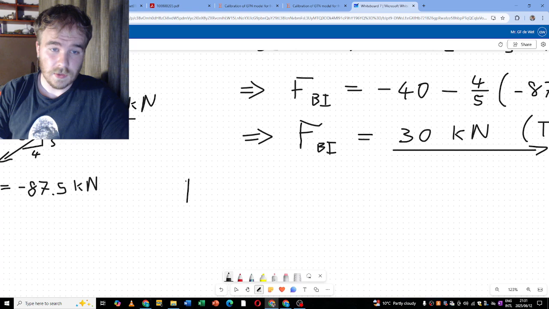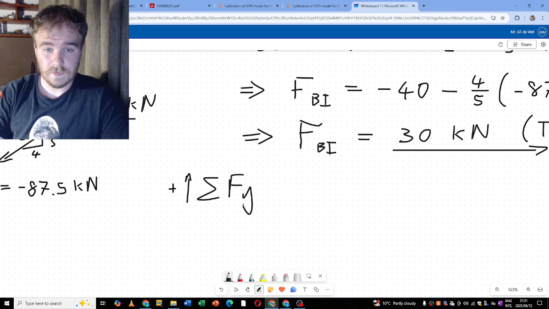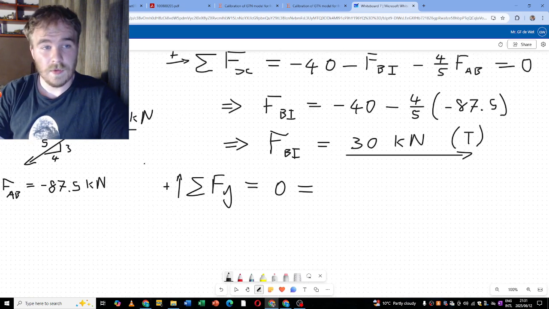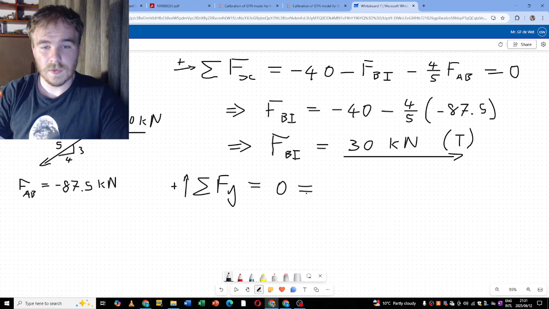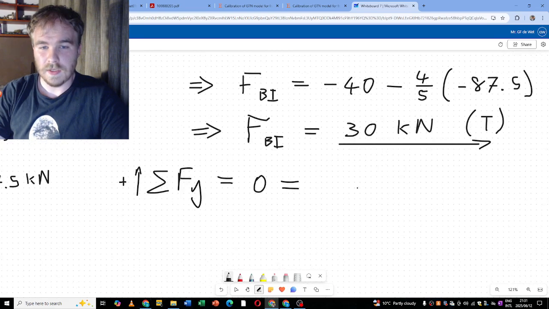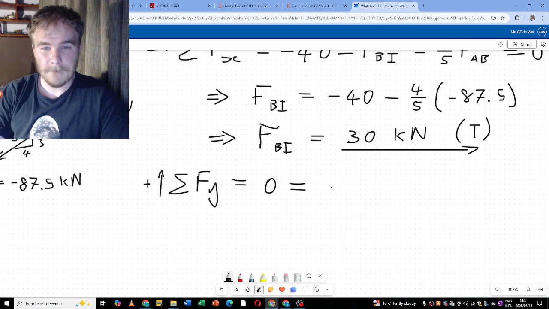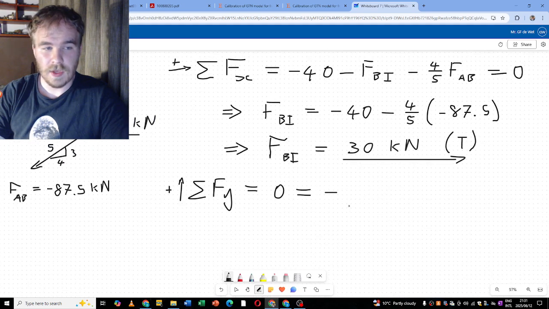Next one. So sum of forces in the y direction. And this is going to be equal to 0. And the first one that we have is pulling away from it. So FAB is pulling away, and it is a magnitude of 3/5 times FAB.